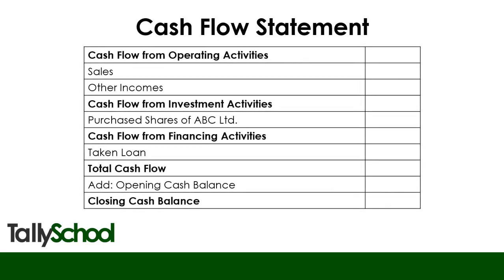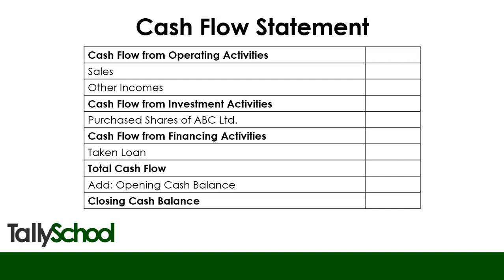So let me show you the statement and you'll understand it more easily. Cash flow is basically a path from your balance sheet of the previous year to the balance sheet of the current year. So let me explain it in a more simple manner.